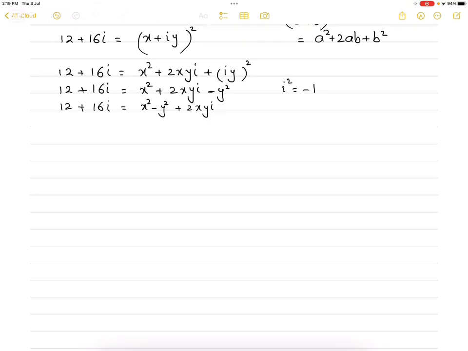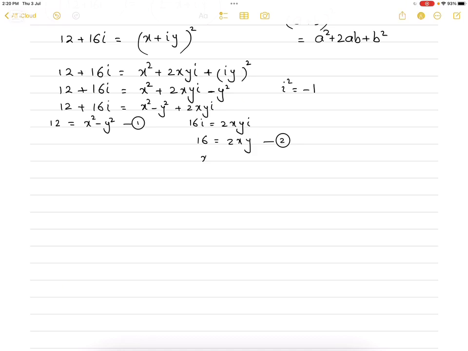Now let me compare the real parts on either side. So 12 is equal to x squared minus y squared. And the imaginary parts, 16 equals 2xy. Make it equation number 1 and this equation number 2. From equation number 2 I can make either x the subject or y the subject.